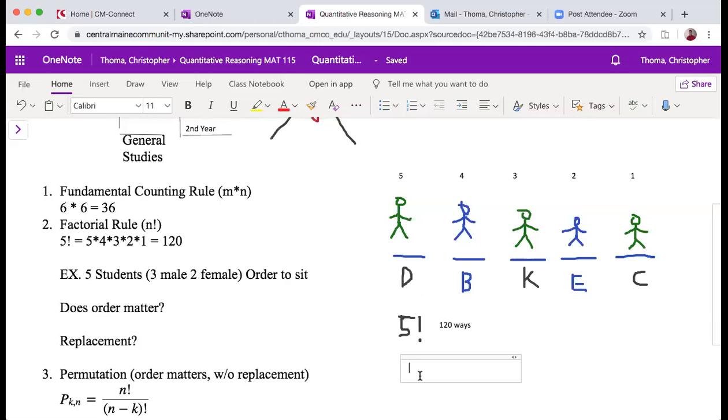So would that be 6? So this is one outcome, right? So we have a 6. Anyone? Any others?